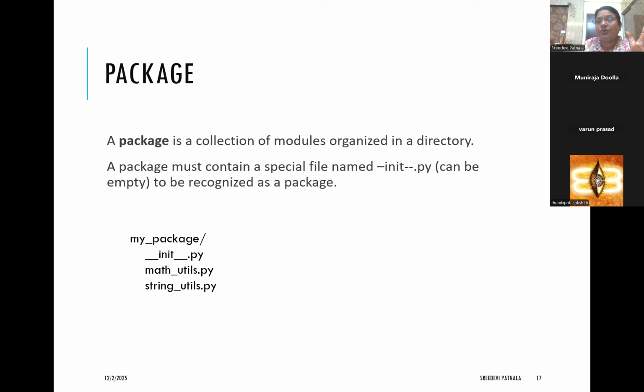In simple words, to create a package, you create a folder. Under that folder, one is mandatory, which is __init__.py, which can be an empty file. Then you can create .py files, n number of files. So under the folder you create all these, that means your package is created.